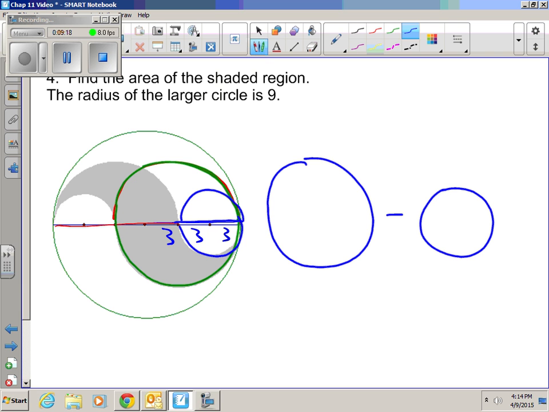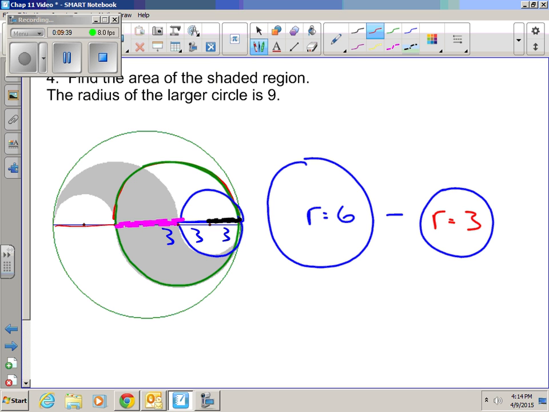The medium-sized circle has a radius of 6, and my little circle has a radius of 3.